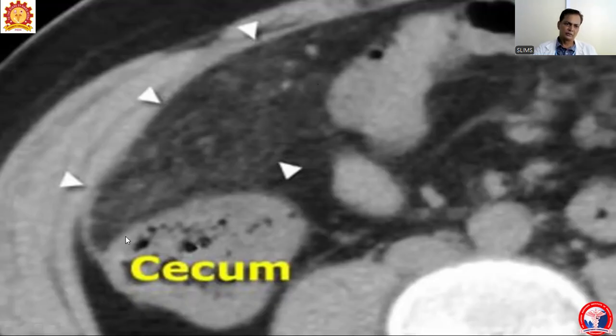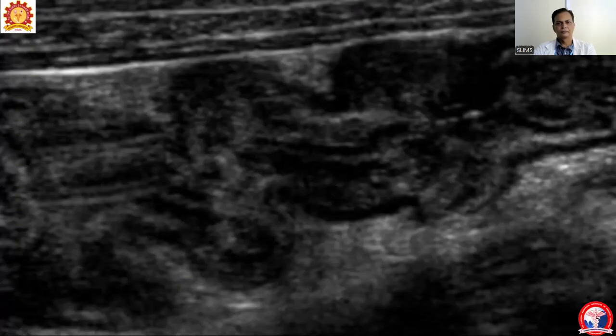Here there is an increased density along the fat. This is an inflammatory region. What we are seeing is an intestinal loop here, where the edematous wall is seen irregular and the lumen is collapsed.